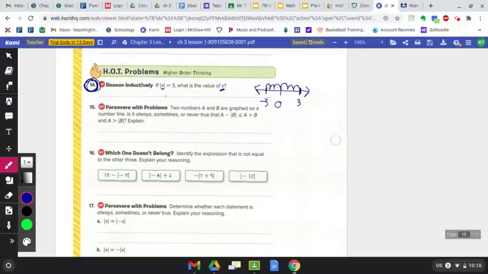So there's two different values for x, both 3 and -3, that would have an absolute value of 3, being 3 away from 0. A couple things to notice: when I write a negative number, I have to have that negative sign with it. When I write a positive value, it's not there. It's not wrong to say +3, but it's understood that if I just say 3 or 7 or 5, those are referring to positive values.